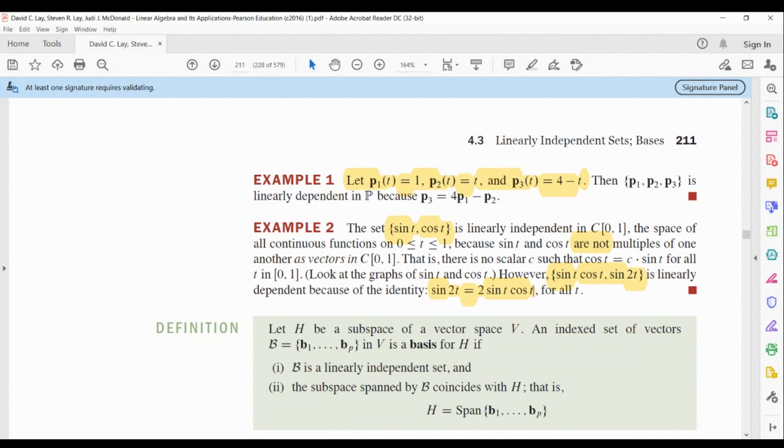When I think of linear dependence, I think of one of the vectors as a linear combination of the other vectors.